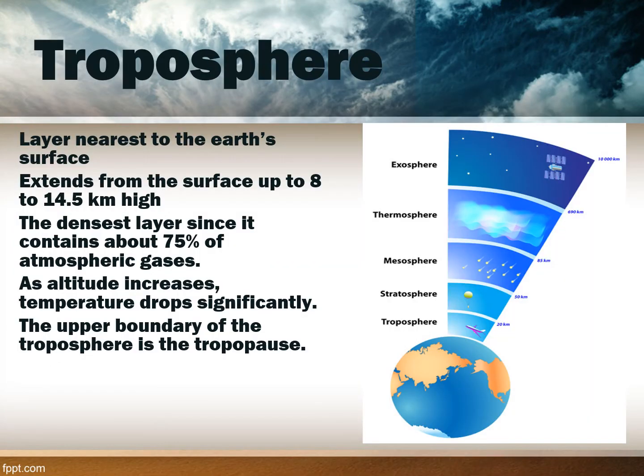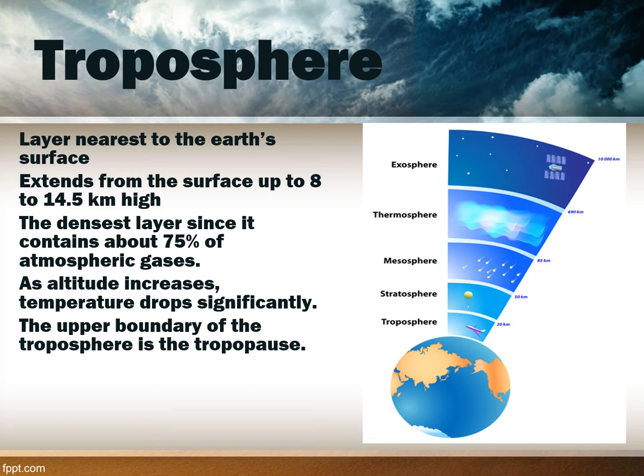Troposphere, the layer nearest to the Earth's surface, extends from the surface up to 8 to 14.5 kilometers high. The densest layer since it contains about 75% of atmospheric gases. As altitude increases, the temperature drops significantly. The upper boundary of the troposphere is the tropopause.